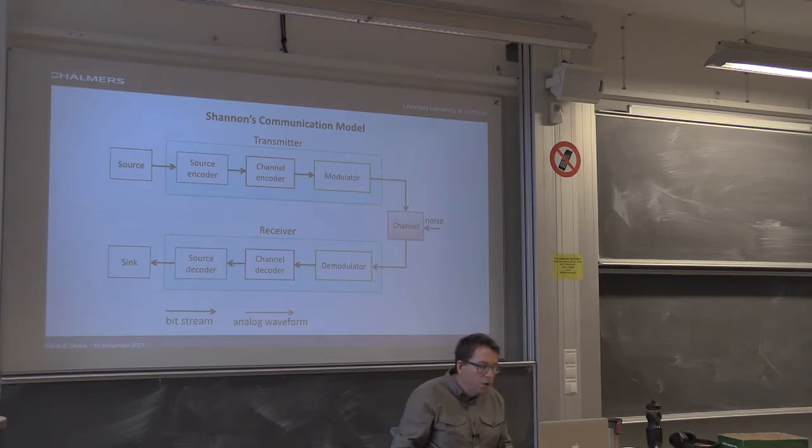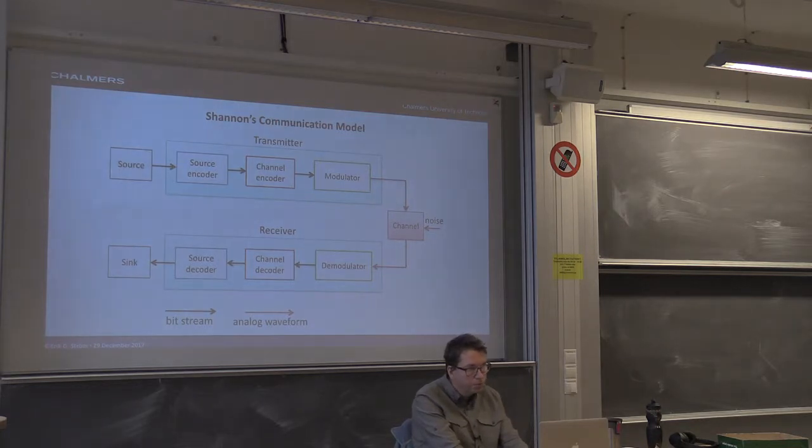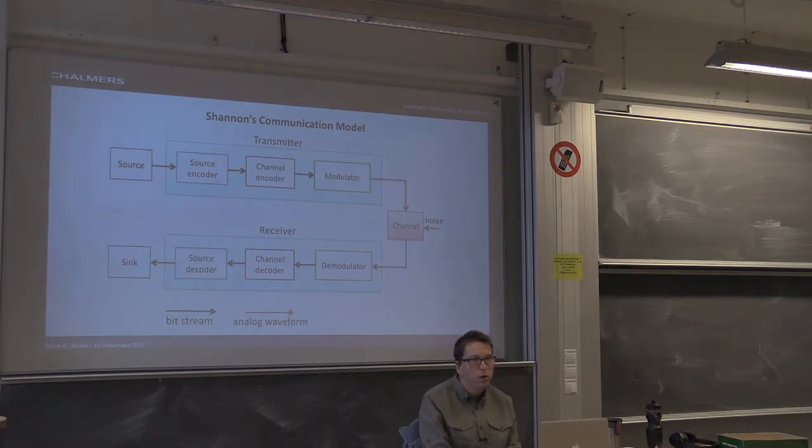So again, on the physical layer, there is another type of model for communications called Shannon's communications model. This is also part of the learning outcome, so you need to know these blocks and their purpose. Shannon takes a little bit of another perspective.